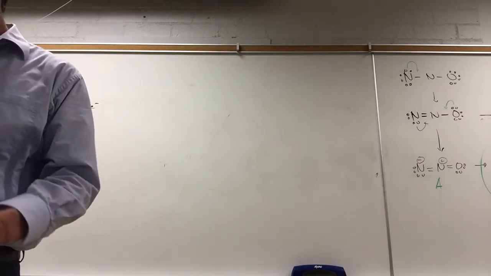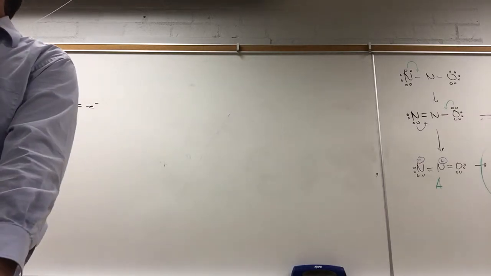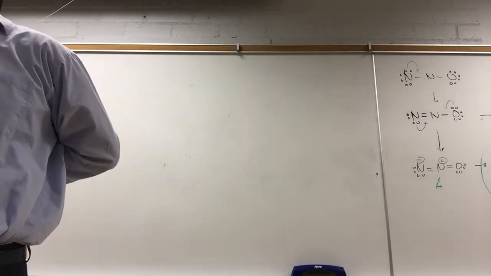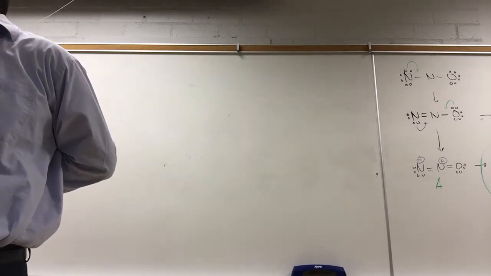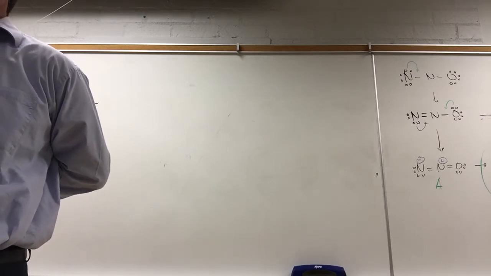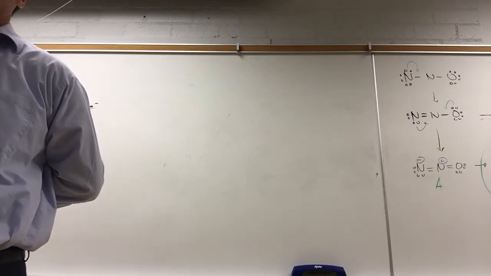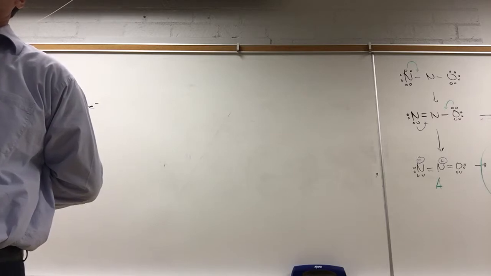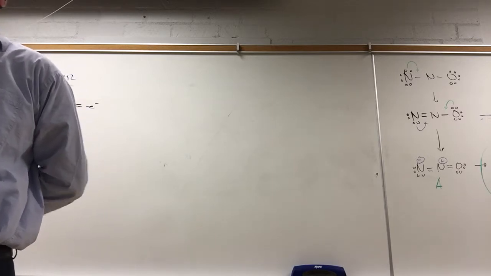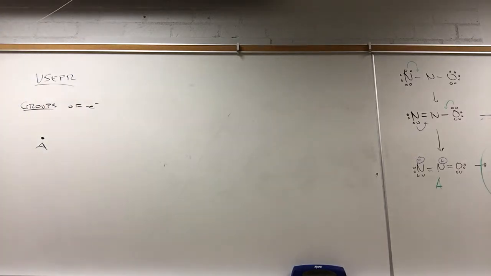When you have a single electron, what's it called? This always happens when you end up with an odd number of electrons. When you have an odd number of electrons, one electron is going to lose out, and that one electron creates something called a free radical.